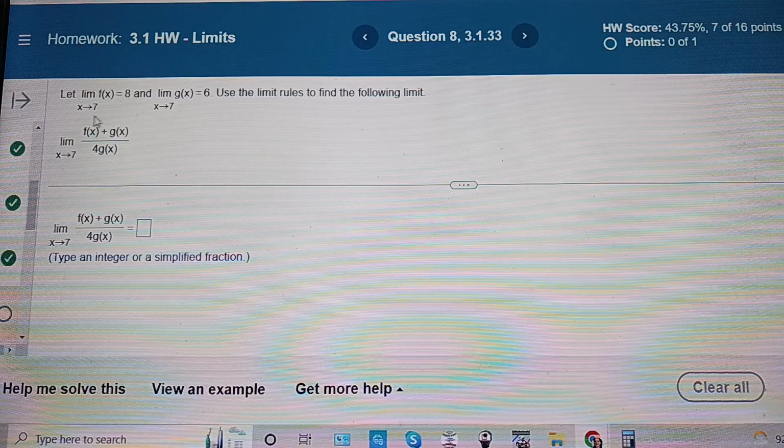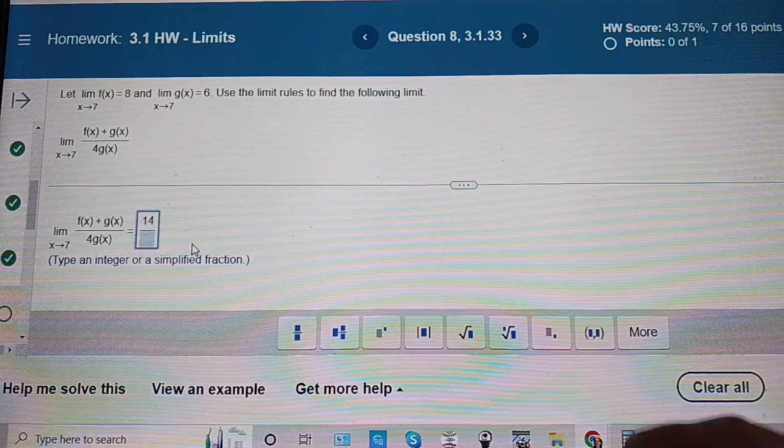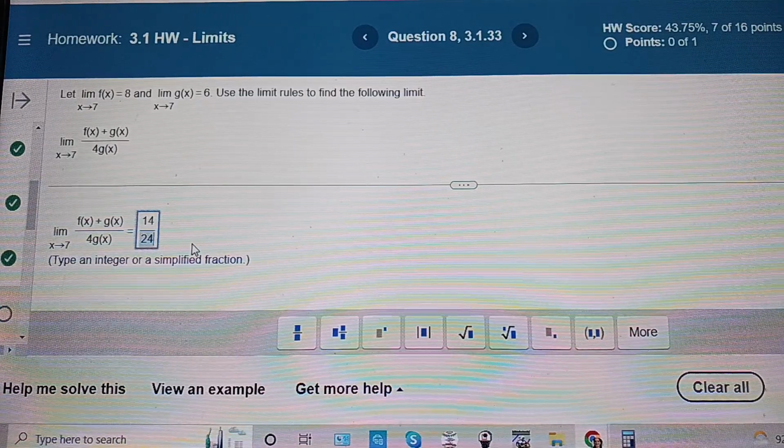But they're telling you the limit for f of x is 8, the limit for g of x is 6, so you can just put the 8 in here and you can just put the 6 there, and you can put another 6 where that g of x is. So you're literally going to get 8 plus 6, the top's 14, and the bottom is 4 times 6, which is 24. 14 over 24 is literally what you get just by plugging the 8 and the 6 in.